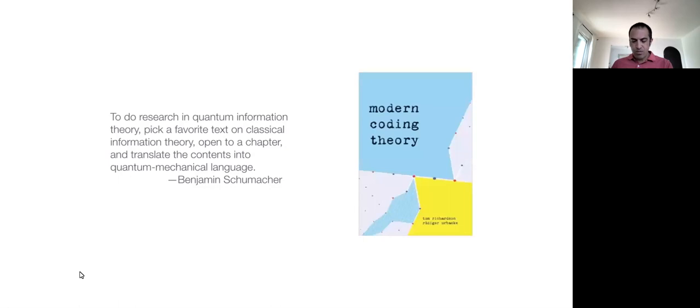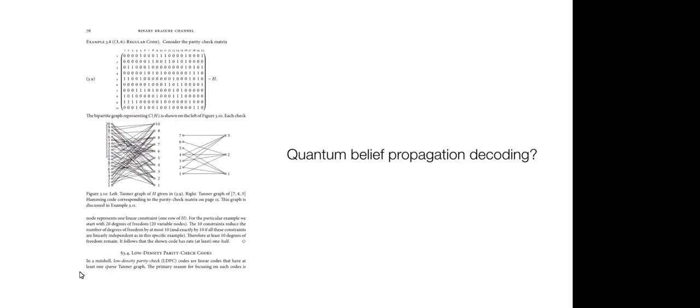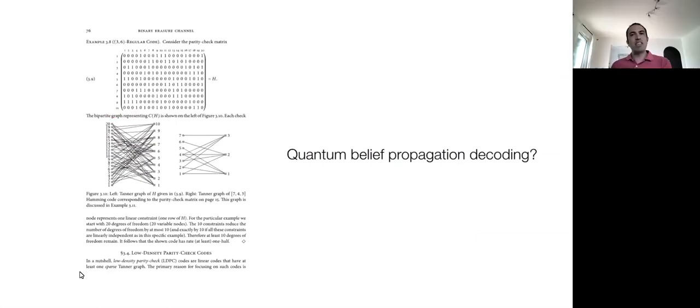What I want to focus on here is a specific processing task with graphical models, which is decoding of error correcting codes. That is the topic of this very famous book by Richardson and Urbanke called Modern Coding Theory. In fact, I just opened to a certain page and stole the graphical model of the error correcting code from page 76.